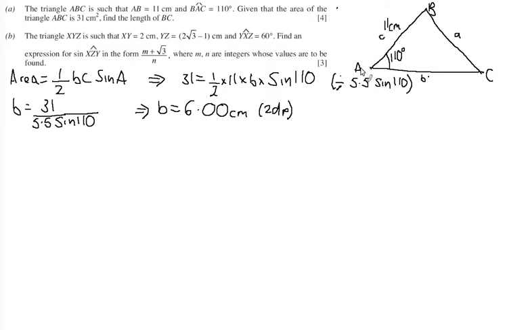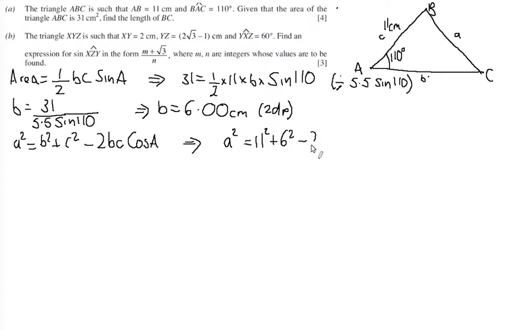The version of the cosine rule I'm going to be using is where we've got cosine of A. So this is going to be A squared equals B squared plus C squared minus 2BC cos of A. So I don't know what A is, so I've got A squared is equal to 11 squared plus 6 squared minus 2 lots of 11 times 6, and then cosine the angle that we know, 110.